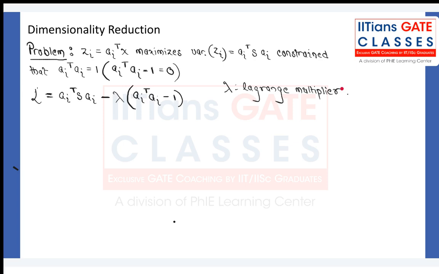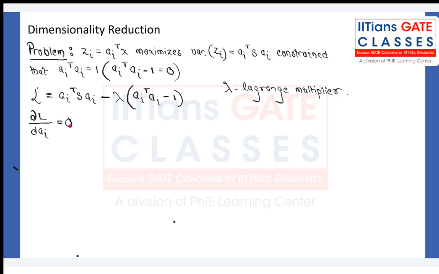Now this is a function, and I want to maximize it. So what do I do? Maxima minima rule: you differentiate it with respect to AI and equate it to 0. So I do dL by dAI and equate it to 0.